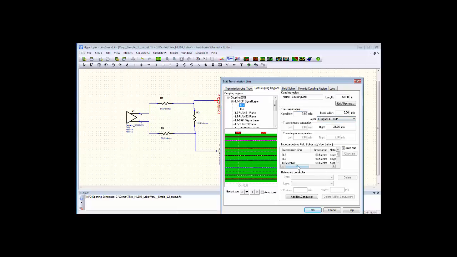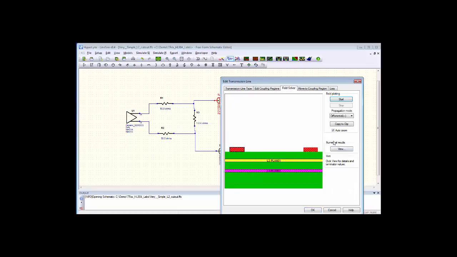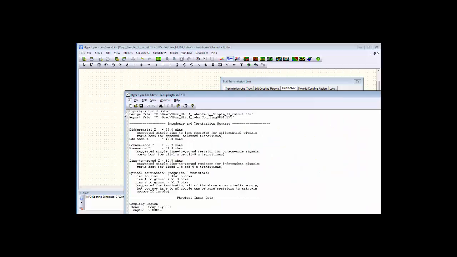Now if I look at the transmission line itself, let's look at the field solver view of this thing. Let's view the numerical results. It says the differential impedance is about 99.6, odd mode impedance is 49.8, etc. What I was after is specifically this area right here.